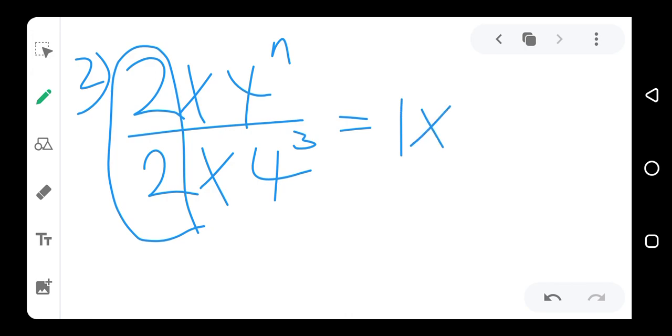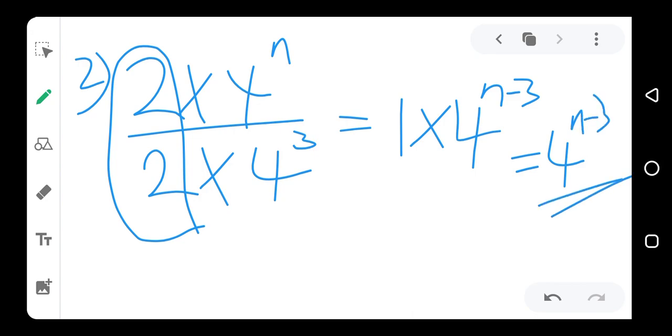So 1 times, we take one of the bases, 4, raised to power n minus 3. Which is equal to 1 times 4, which is 4. So the answer is 4 raised to power n minus 3.